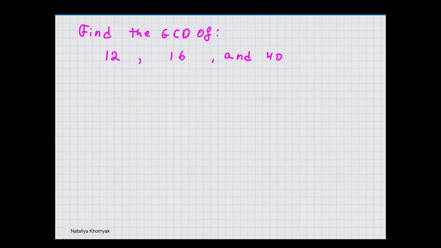Let's find GCD of 12, 16, and 40. 12 is 3 times 4. 3 is a prime. 4 can be factored into 2 times 2, so we have our primes for 12. 16 is a 4 times 4. Each of them can be factored into 2 times 2.